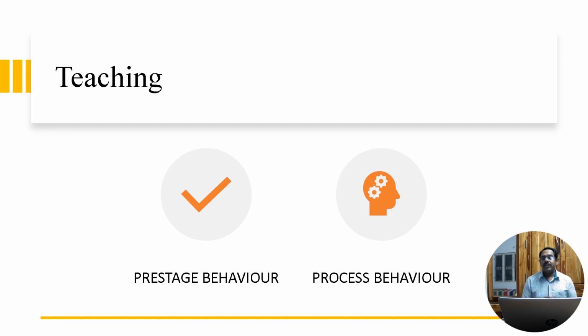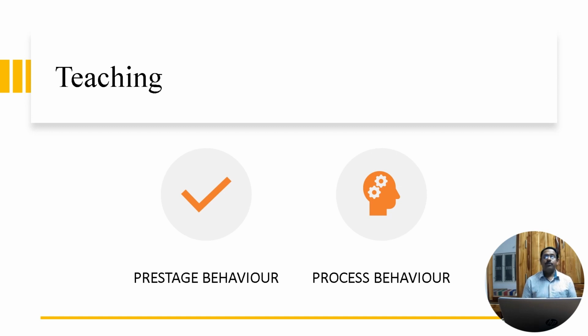If you take teaching, before entering into teaching, there are two things one can discuss: the pre-stage behavior and the process behavior. The pre-stage behavior, with respect to the teacher, is how well the content has been prepared before teaching and what the characteristics of the teacher are.